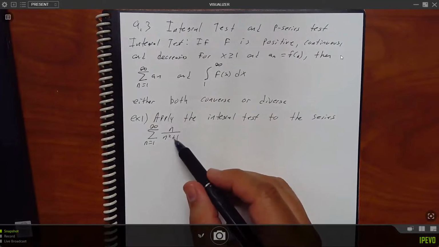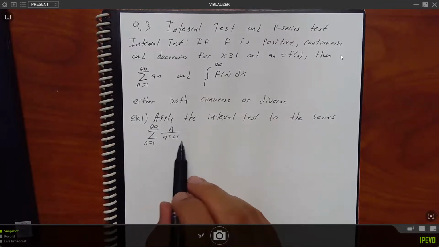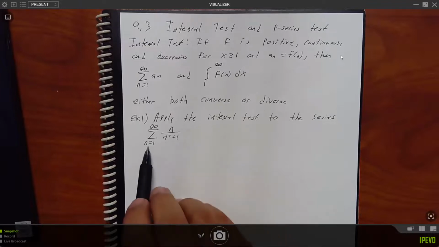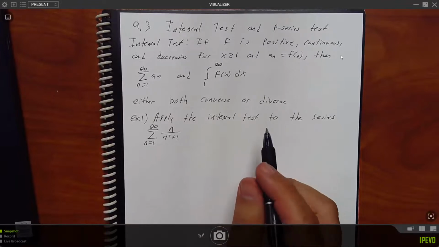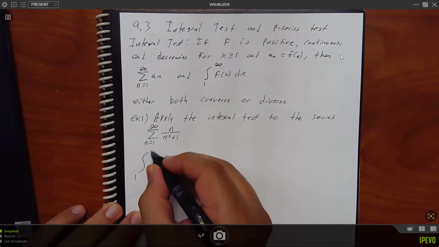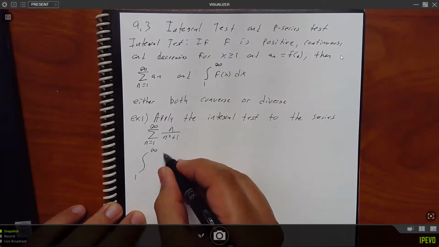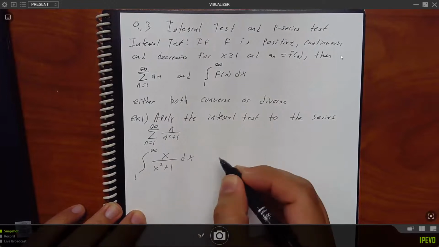The bottom is bigger. So as n gets bigger, this is going to go to 0. So yeah, it's decreasing for all n, 1 to infinity. It starts at 1. So we're going to rewrite this as an integral. So find the integral from 1 to infinity of x over x squared plus 1 dx.